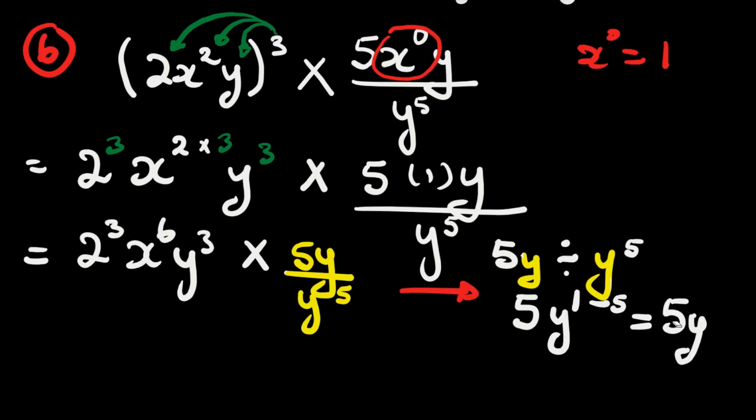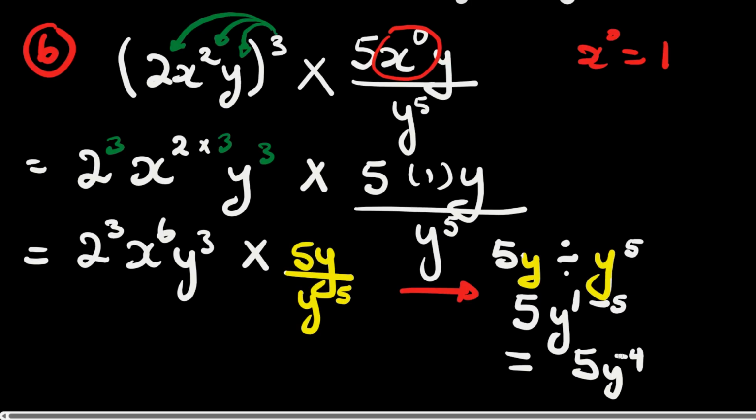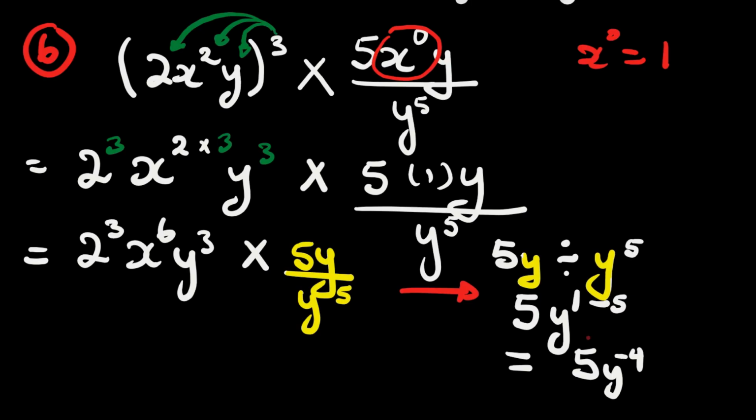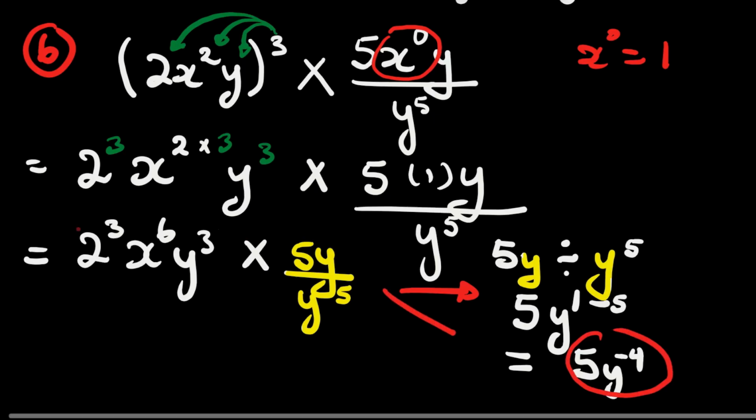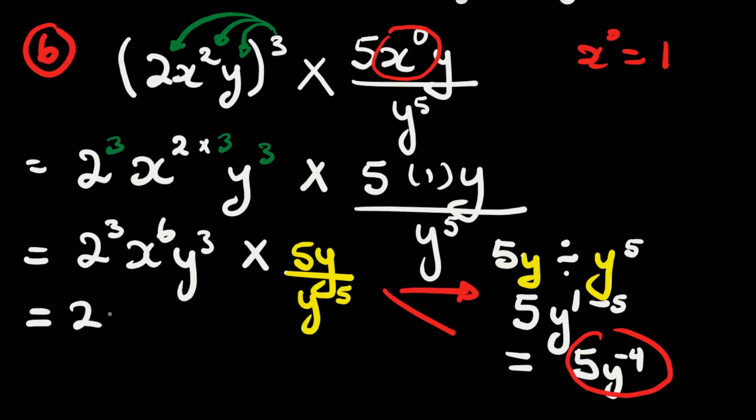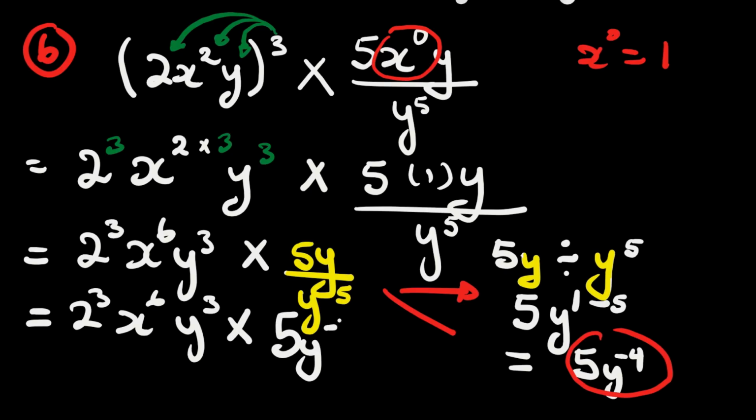Write it down here: 5y to the power negative 4, I'm sorry. Then now we take this and bring it back here to join this one. So meaning from here it's 2 to the power 3, x to the power 6, y to the power 3, multiplied by 5, y to the power negative 4.